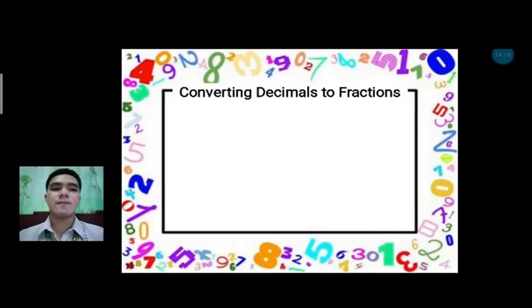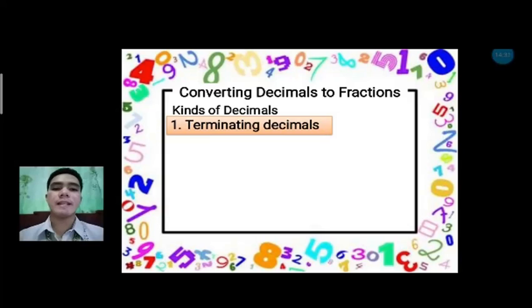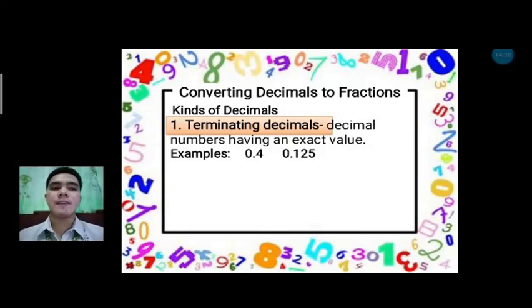Next, we have converting decimals to fractions. In converting decimals to fractions, you have to take note of the kinds of decimals. First, we have the terminating decimals. When we say terminating decimals, those are decimal numbers having an exact value, a definite value. Examples, we have 0.4 and 0.125.